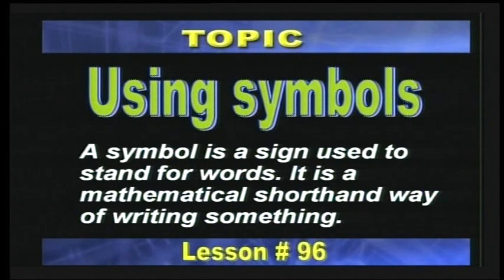So I repeat, a symbol is a sign used to stand for words. It can come in letters, it can come in patterns, or any symbol that you would like to use. Instead of writing words, there is a short way of writing those, especially in mathematics.